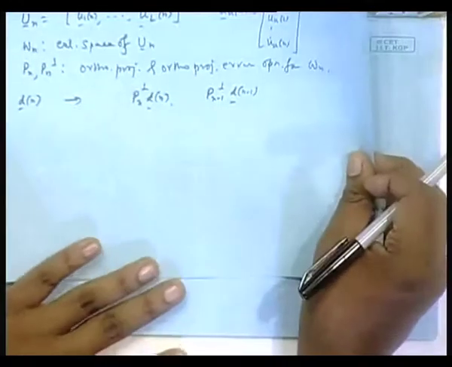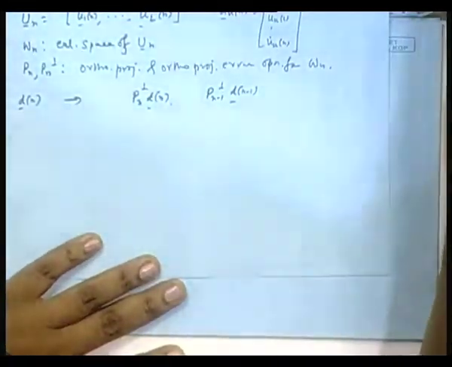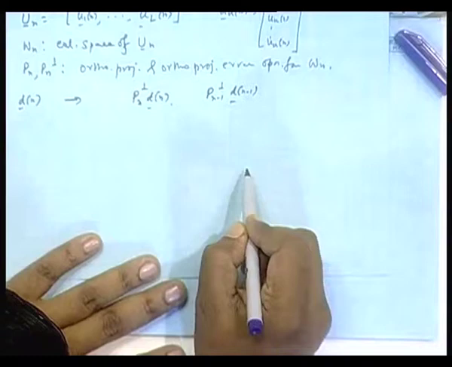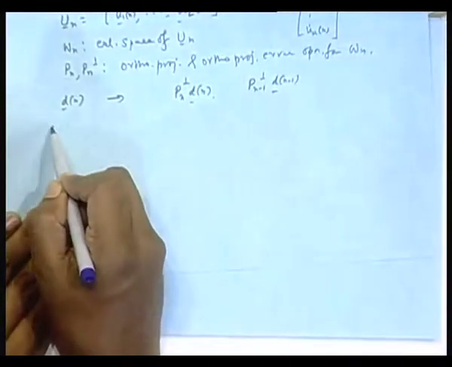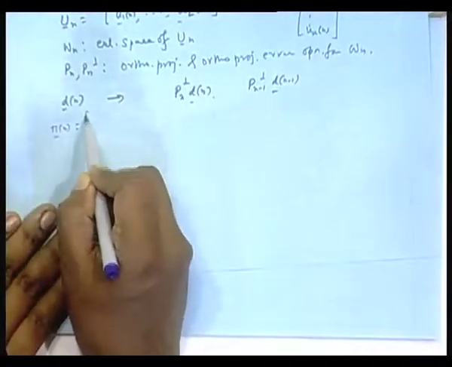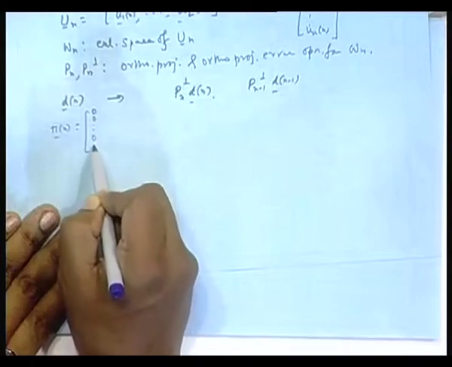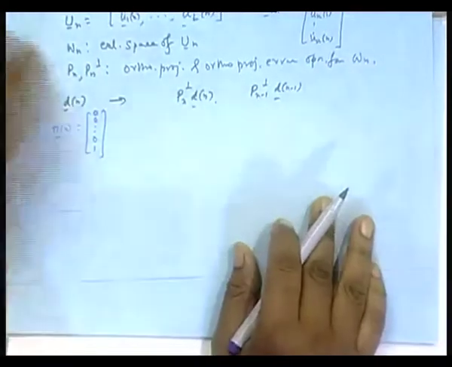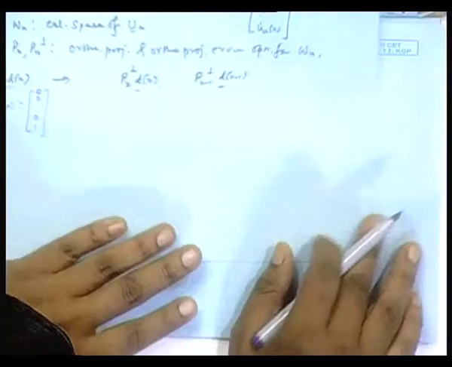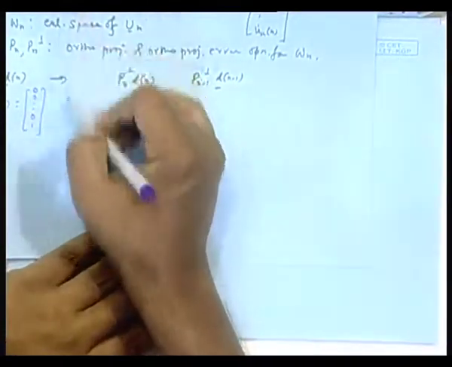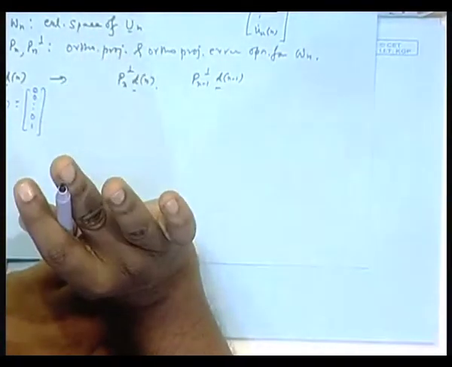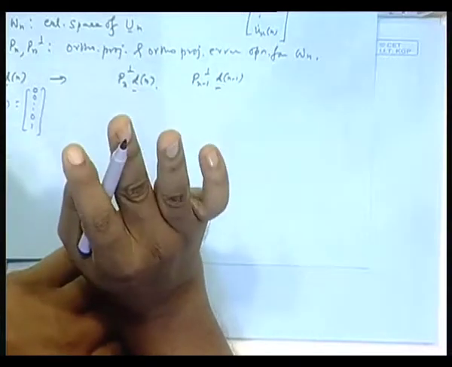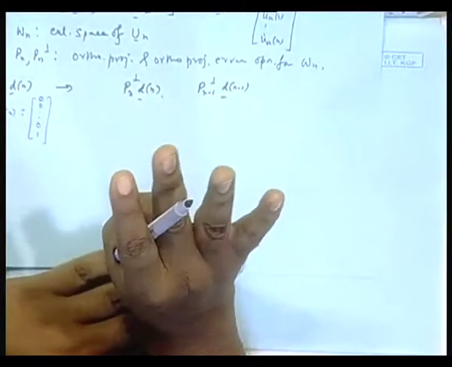To understand this, suppose I consider this situation. And you remember pi n vector? In case you have forgotten, 0, 0, 0, last component is 1. Now suppose I have got a situation like this. Just only one vector, U1 n. Suppose I have got only one vector, just for illustration purpose.